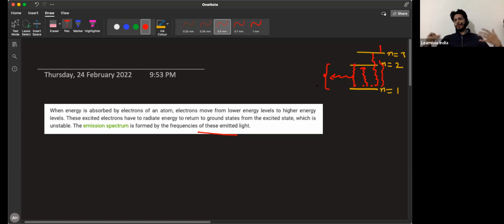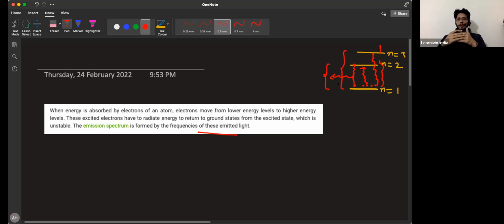So it will absorb only particular energies corresponding to the difference in energy levels.